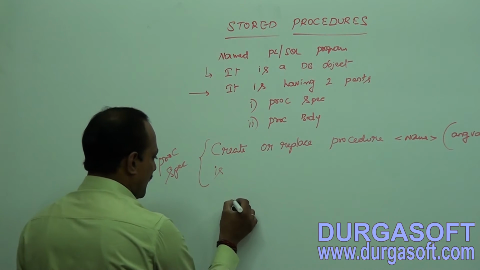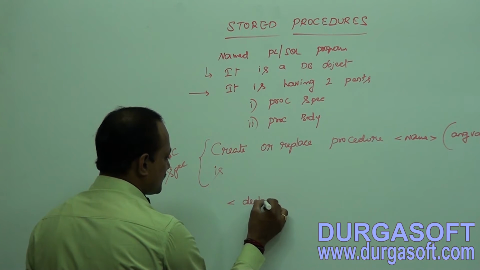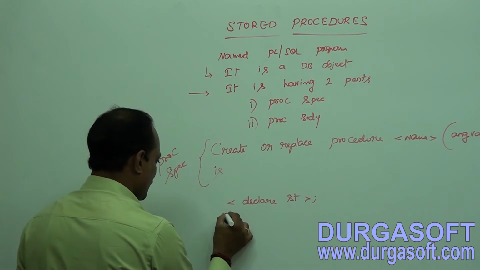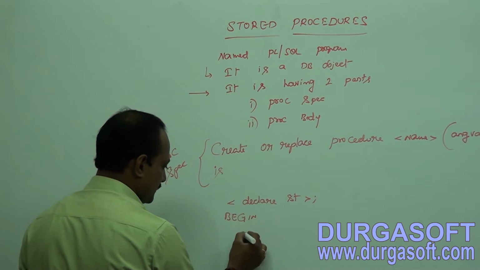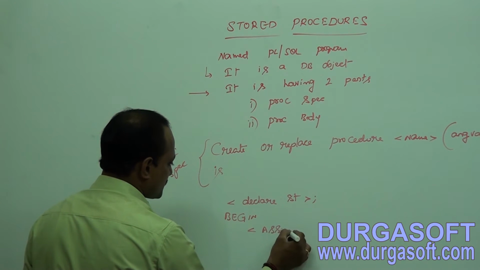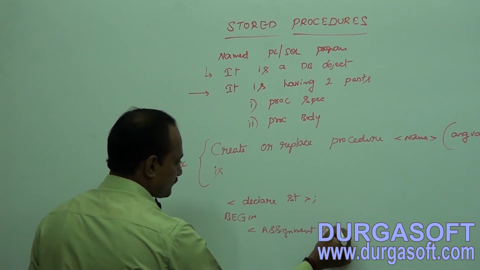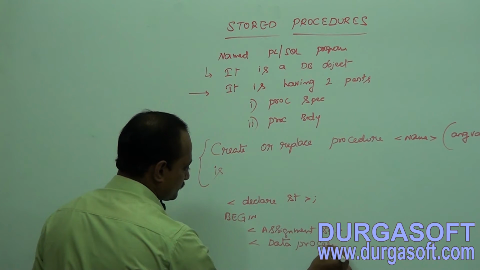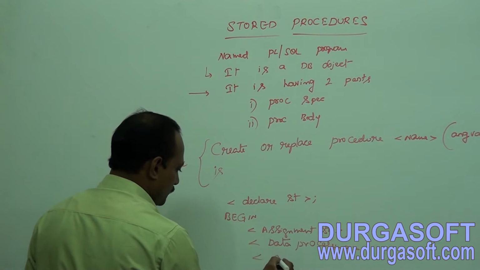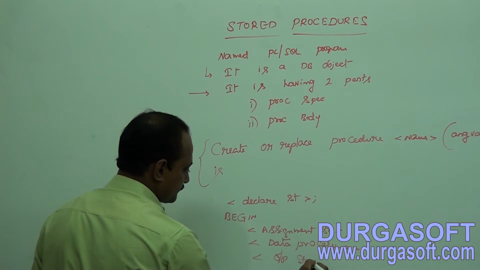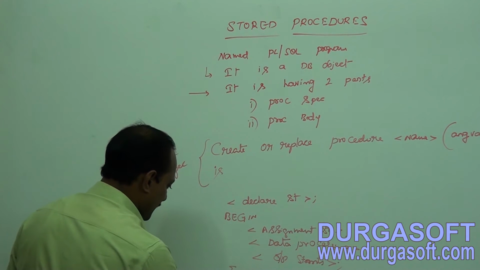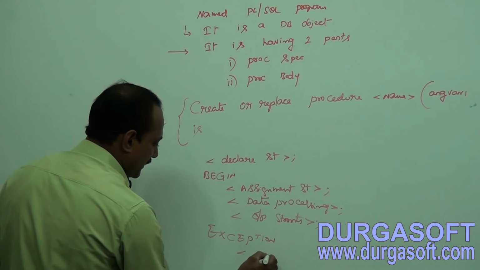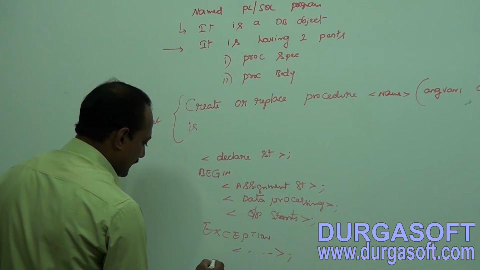After the procedure specification, from here onwards it is the same as a program. Declare statements, then go for the begin block: assignment statements, data processing statements, output statements. Next, the exception block with error handling statements, and finally end.